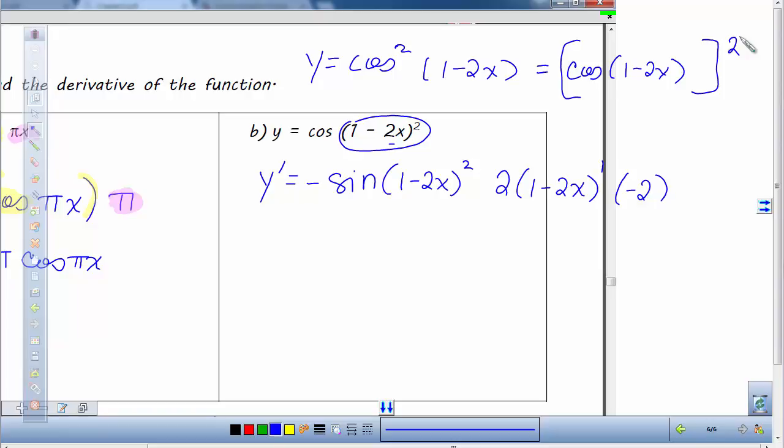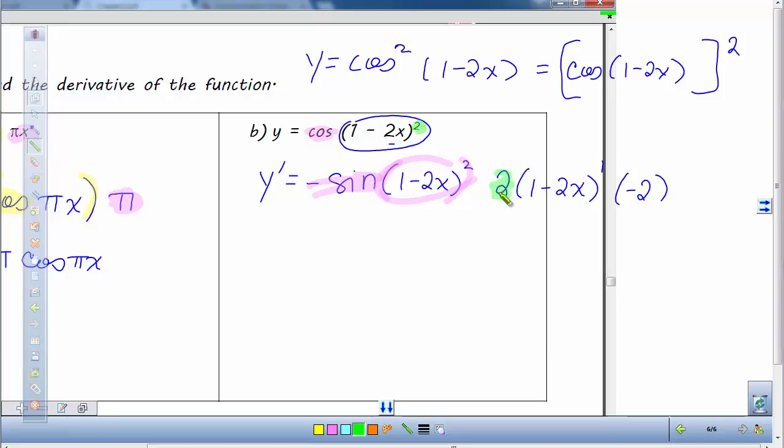Can you highlight the inside and outside again? Sure. This one has lots of insides and outsides. The outermost part is cosine, and the derivative of that is minus sine. We didn't change anything here. Everything over here stayed the same. Then the next outside part would be this 2.